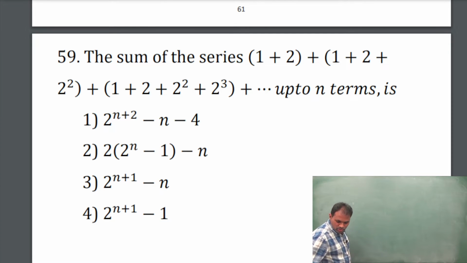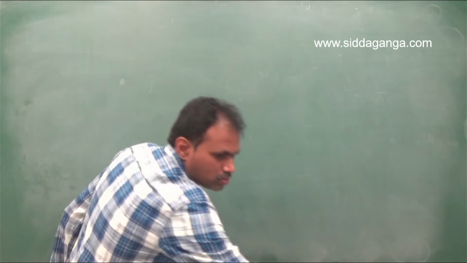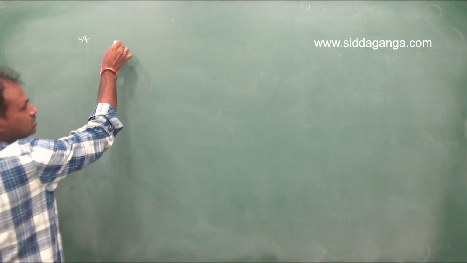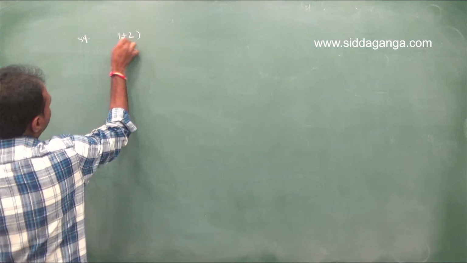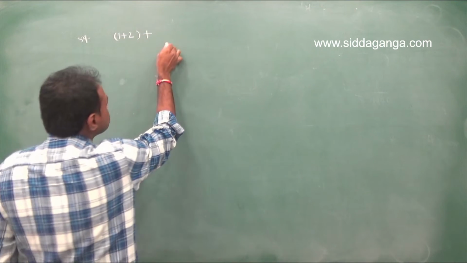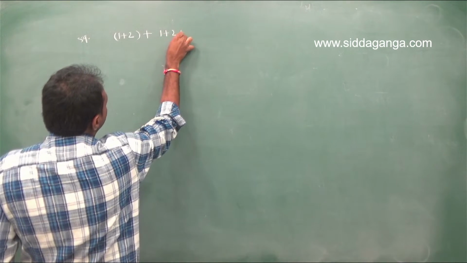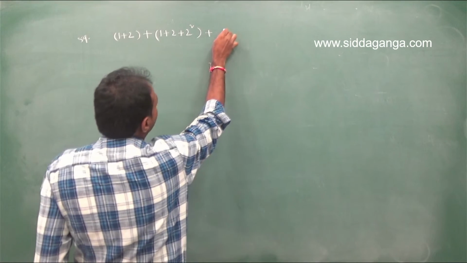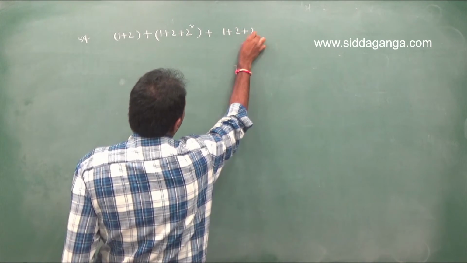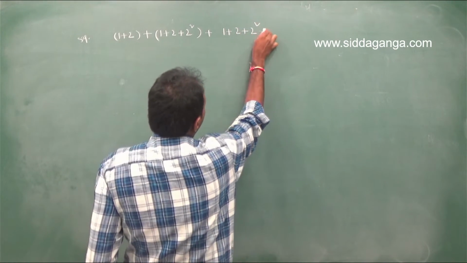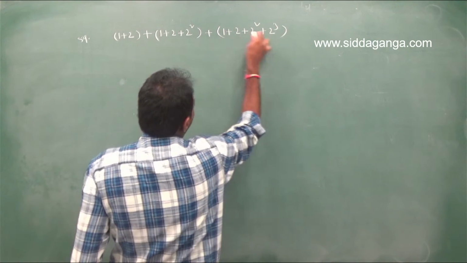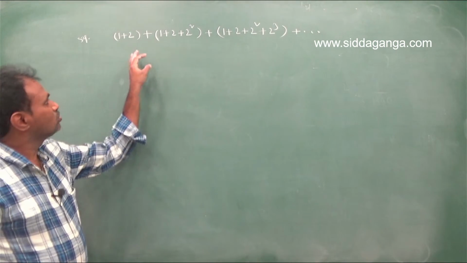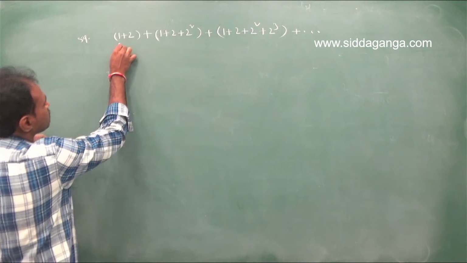Now if you observe this problem, the given series is: 1 plus 2 is the first term, 1 plus 2 plus 2 square is the second term, and 1 plus 2 plus 2 square plus 2 cube is the third term, and so on up to n terms.